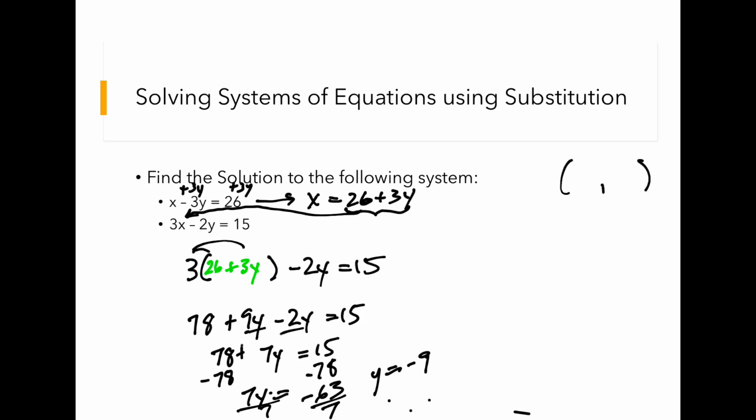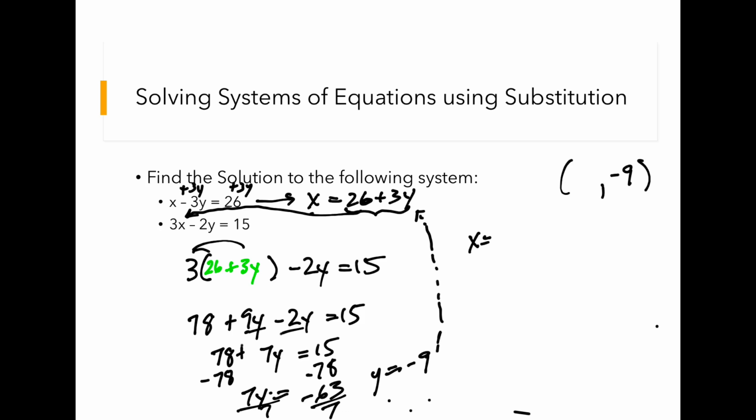So notice what I have here is half of the solution that I'm after. Now, plugging this back into my original equation, what's a lot of times helpful is to go back to the one where you solved it for the other variable, because it's written such that x is already by itself.